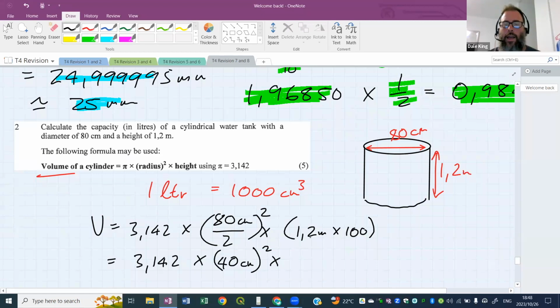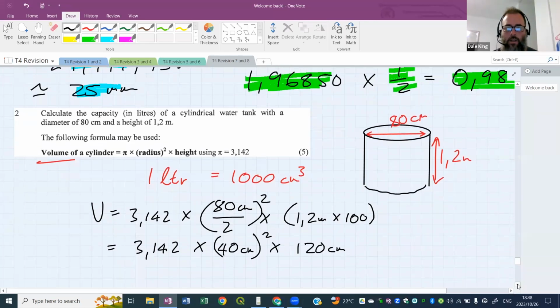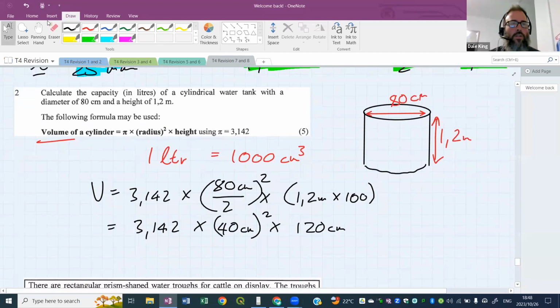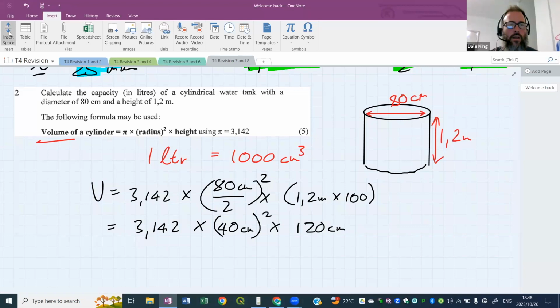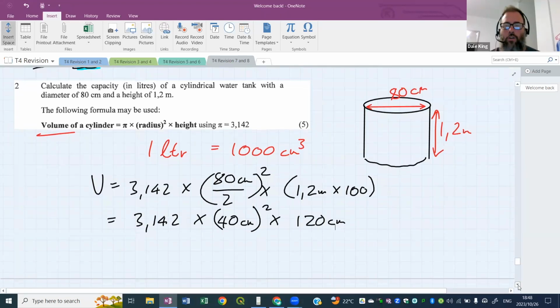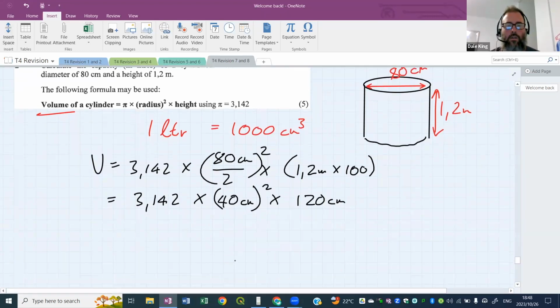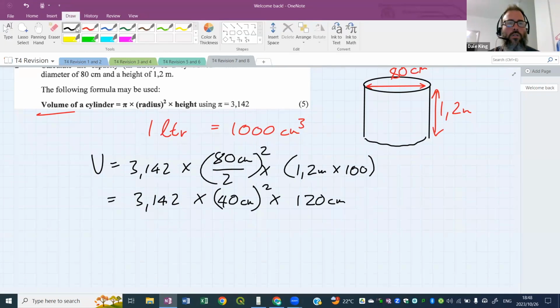And 1.2 times 100 is 120 centimeters. There we go. So before we even touch the calculator, we've got to get everything into this formula in the correct format. This is why Kia always says, show your units, because you don't want to put different units into this formula. They're all going to be the same.